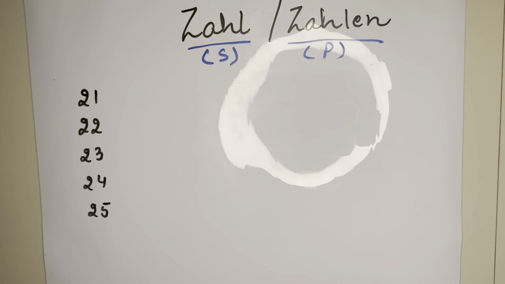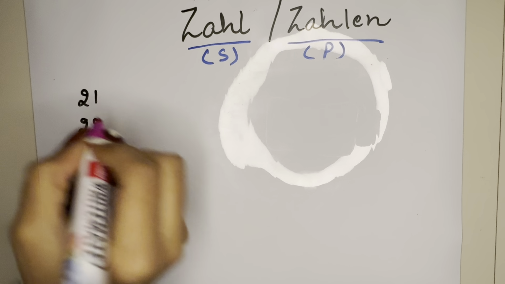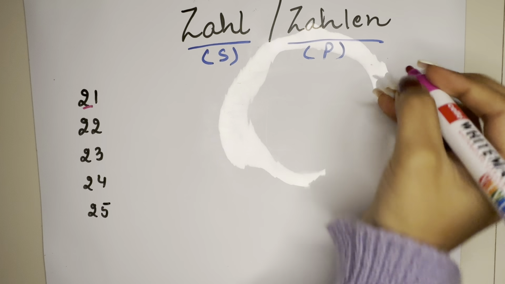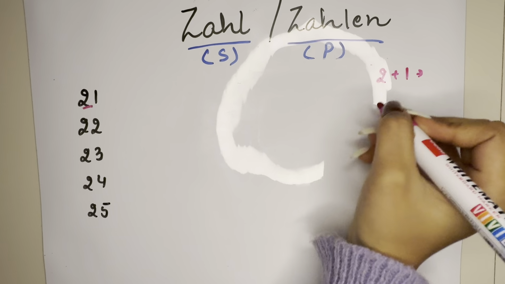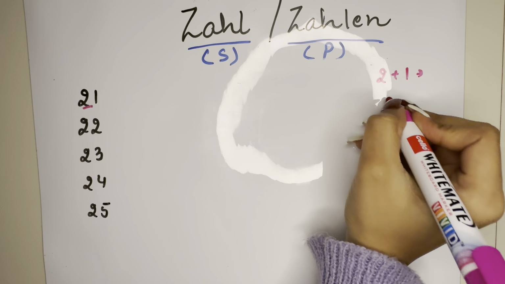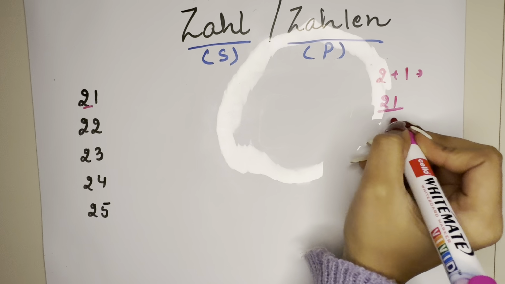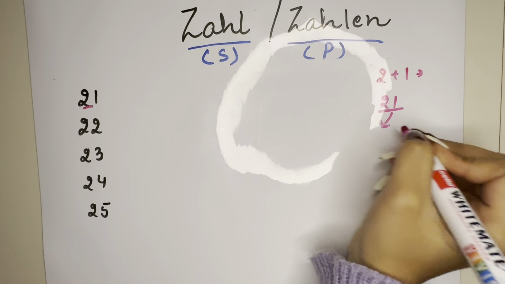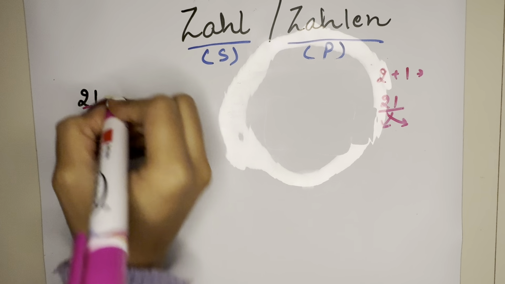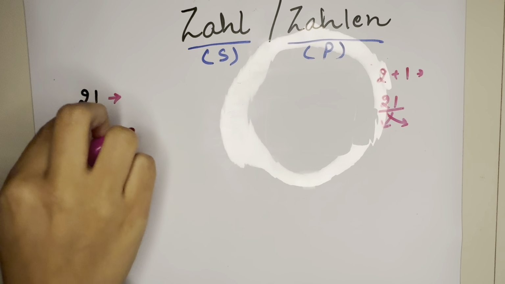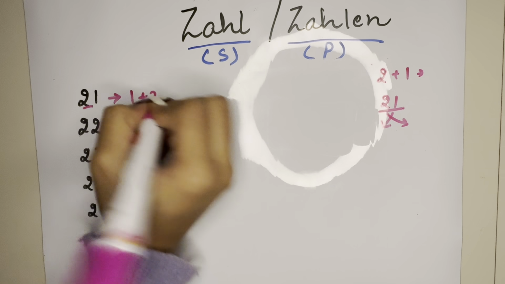Now we are moving forward. When we write 21, in English we say twenty-one, but in German, it's a bit different. For 21, first we need to see what's in the ones place and then we write what's in the tens place. So it will be written as 1 plus 20.